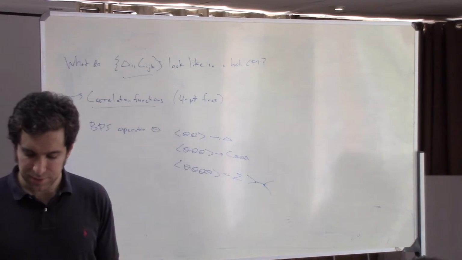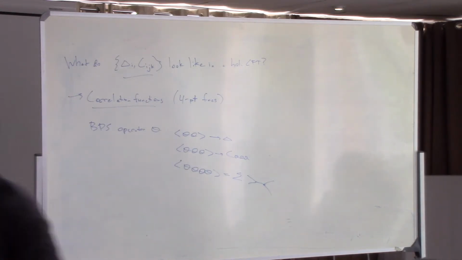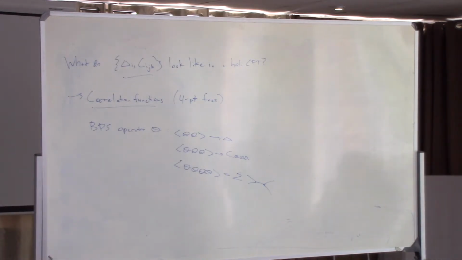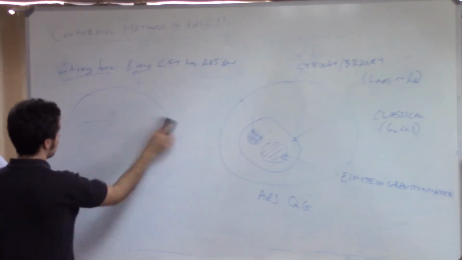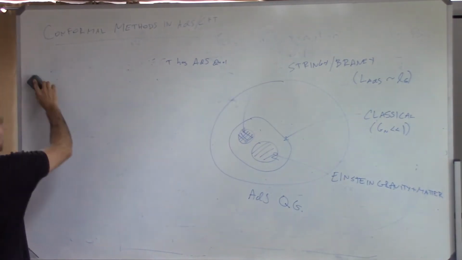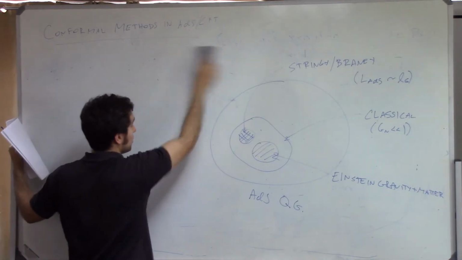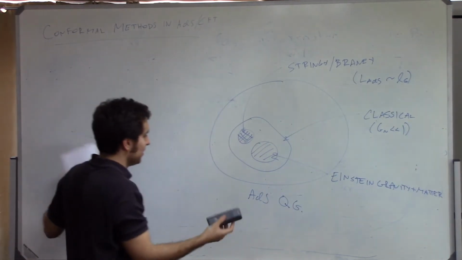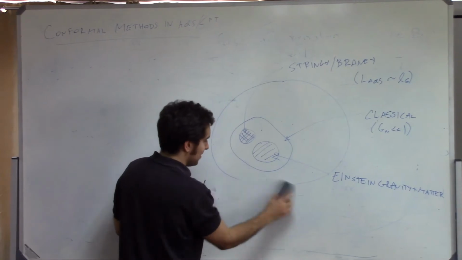Now we'll talk about some pure CFT aspects of 4-point functions, and that'll take us to the end. As I erase, let me make a side remark, which is that even in cases where things like 3-point functions are determined in principle by supersymmetry, it's often very hard to compute them.